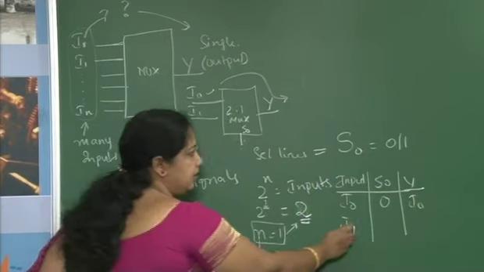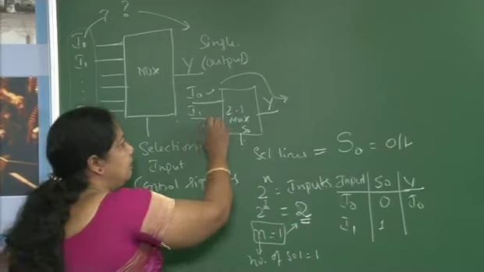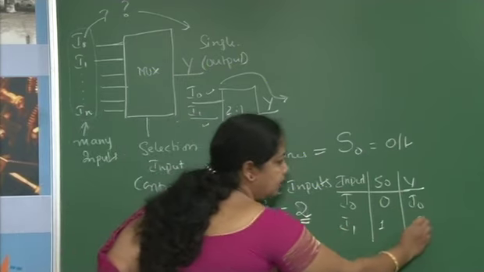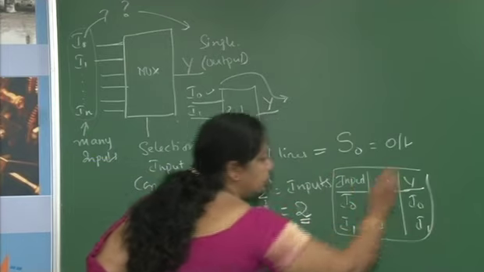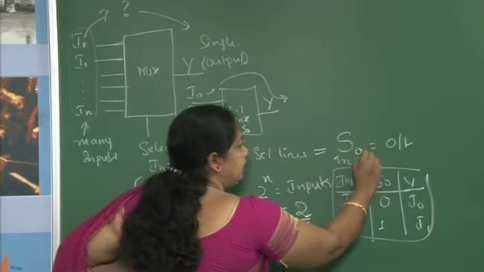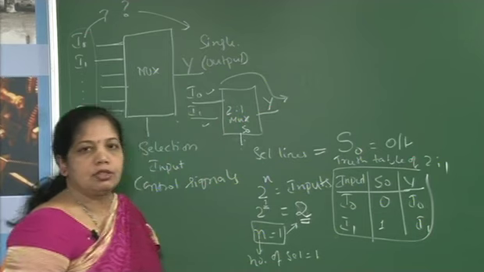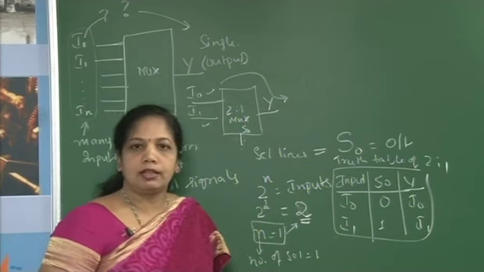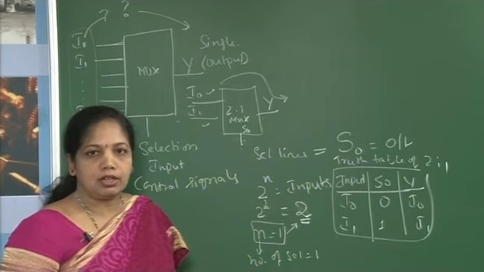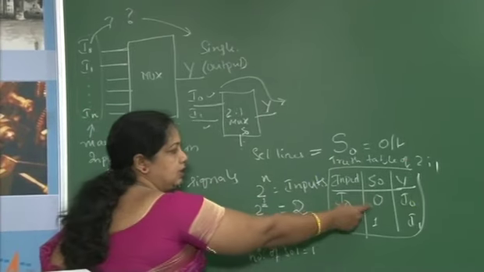If my selection line is 1, then the input is I1, so input I1 will be selected at the output side. This is the truth table of the 2:1 multiplexer. Finally, the 2:1 multiplexer has 2 inputs, 1 output and 1 selection line. How to select the input is based on the selection line.